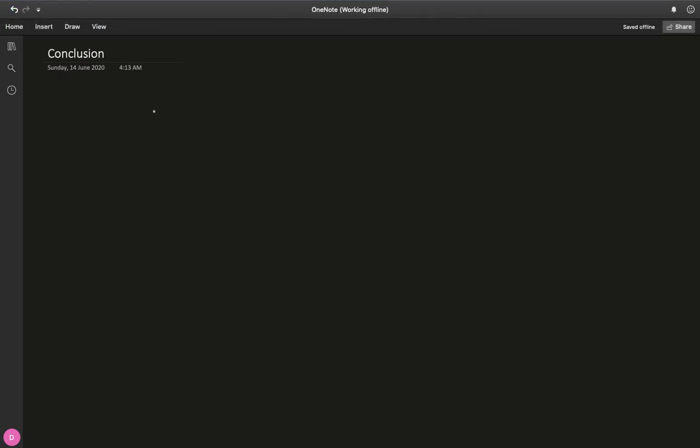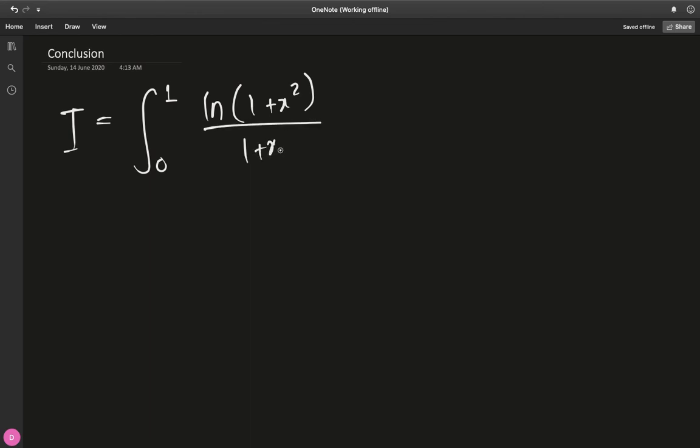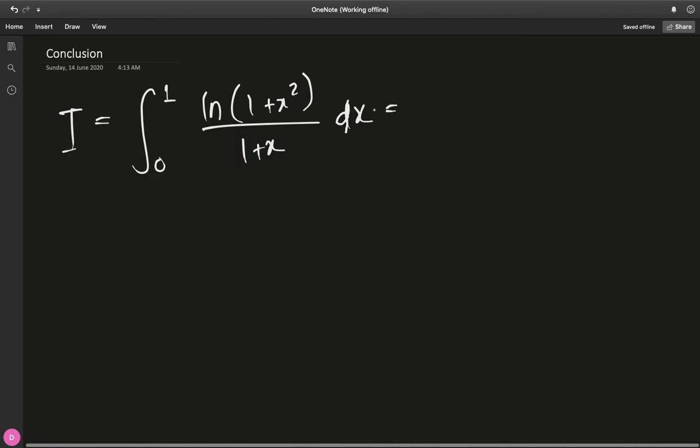Okay, so finally, in conclusion, we had our I, which was defined as the integral from 0 to 1 of natural log of 1 plus x squared divided by 1 plus x dx. We used Leibniz rule basically, and then followed all the steps. We got four different integrals basically, which we simplified and reintegrated.